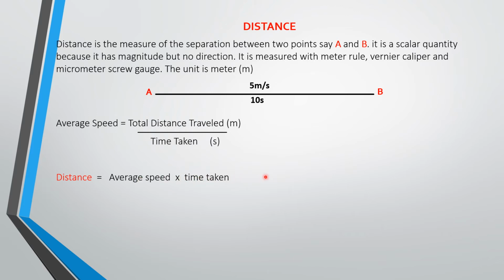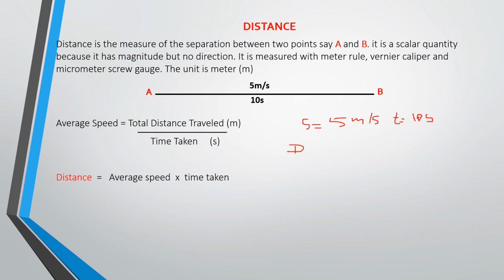In this case, you are given your speed to be 5 meters per second, and time is 10 seconds. In physics, you must always state what is given to you. Then you bring it to this formula.